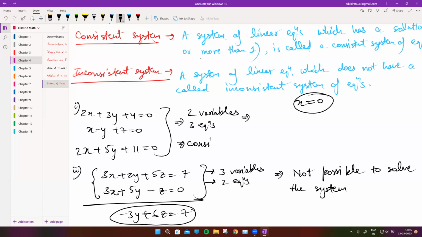So if I say that this system is consistent, it means that one value of x and corresponding value of y will satisfy all three equations.